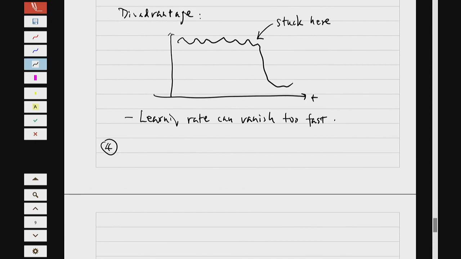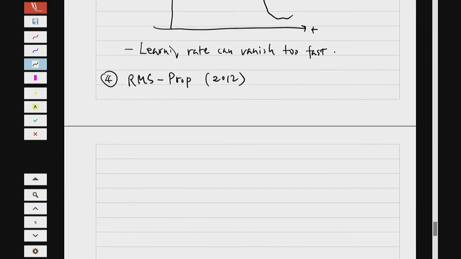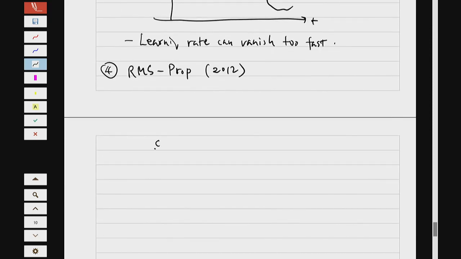And that's the RMS prop idea, again from Hinton's group in 2012. Small improvement over Adagrad. In fact, Adagrad these days is almost always run in this discounted fashion.